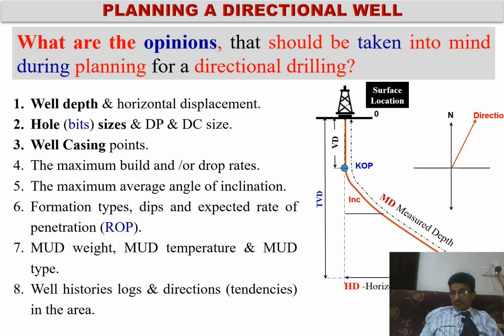Well casing points, where we will do the casing for all stages of the drilling. The maximum build and drop rates for the angle, the maximum angle for the build or drop if we have a drop angle. The maximum average angle of inclination.